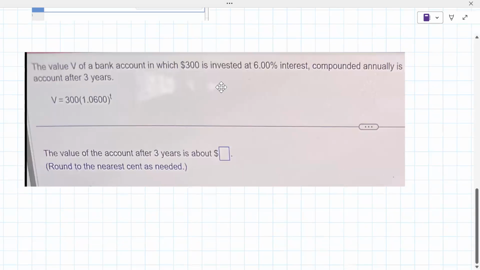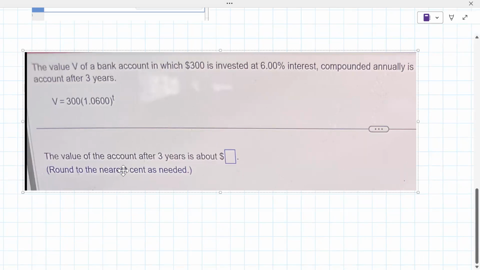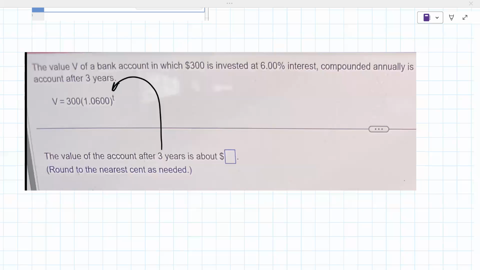They're saying you start out with $300, it's 6% interest, and after 3 years, you're putting 3 in for t, like that. So let me grab my calculator and do the calculation here.